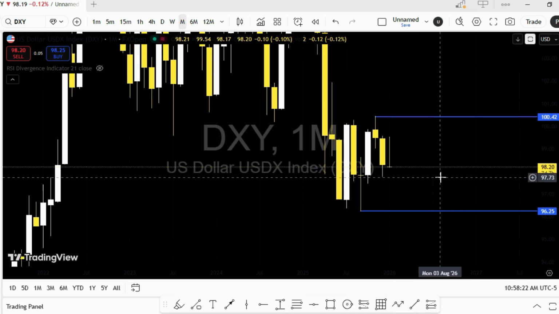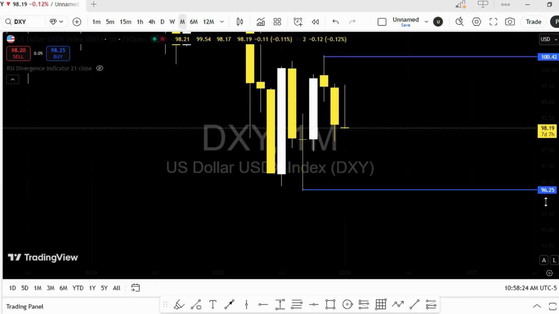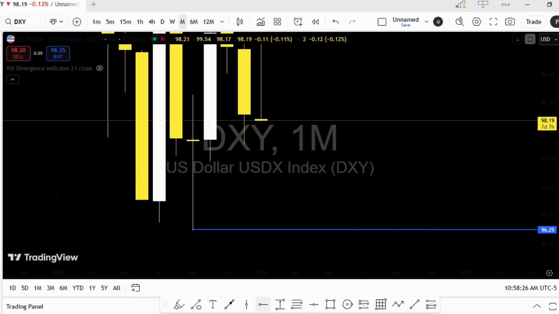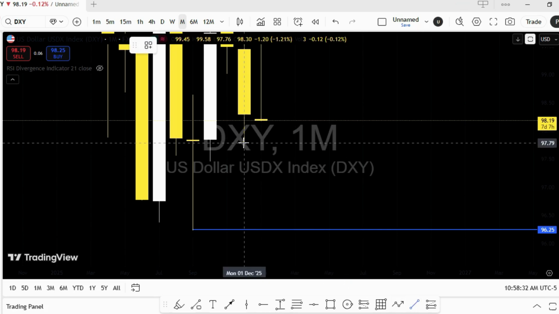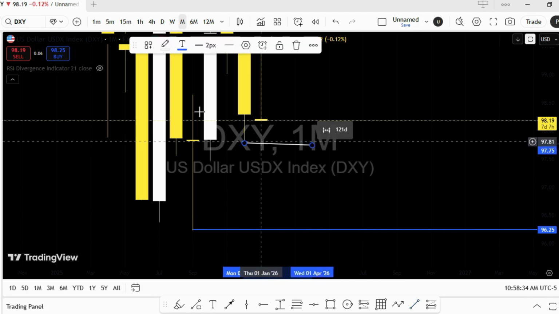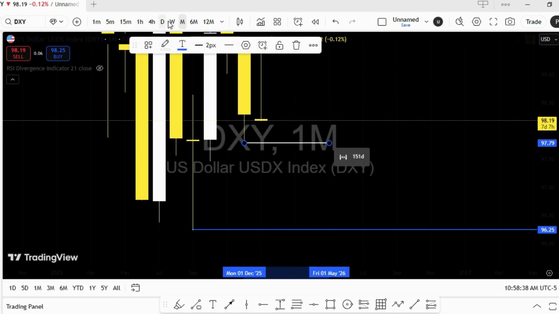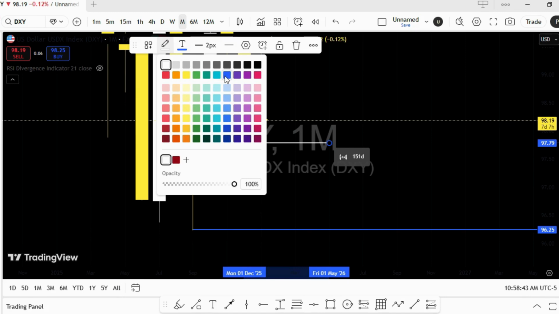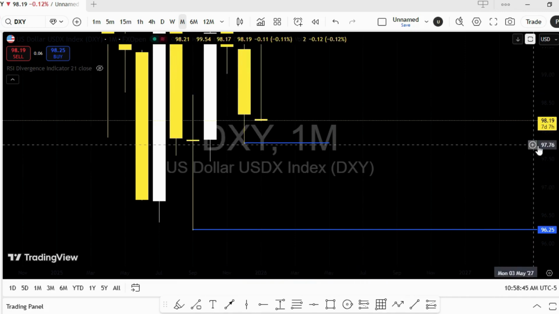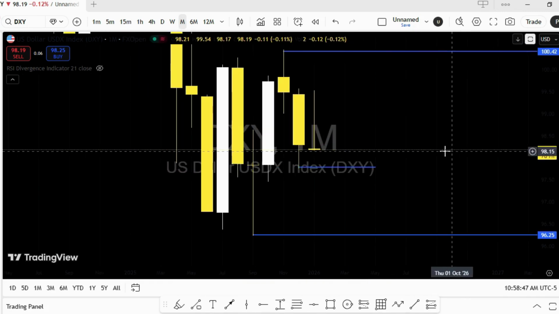So I think our next draw on liquidity will be this low here, this one, this close of this monthly candle here. What I want to emphasize, the higher the time frame, the more the PD arrays will hold the price.